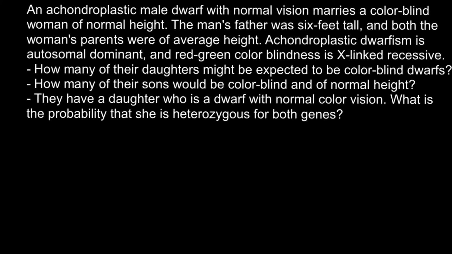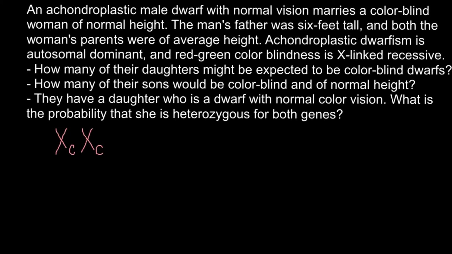According to this problem, color blindness is a recessive X-linked genetic disorder. So a mother's genotype would be XX, and a father's genotype would be XY. In order for the mother to be colorblind, her genotype should be X small c, X small c, so she must be homozygous recessive for this genetic disorder.